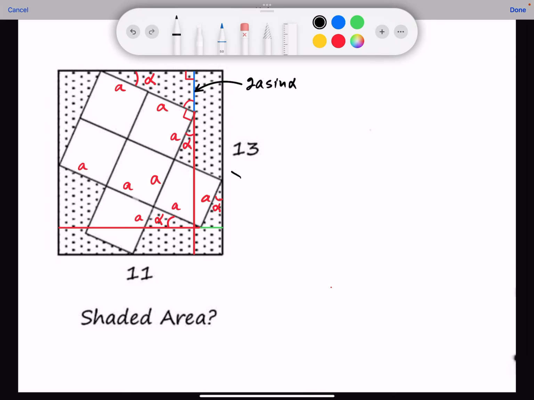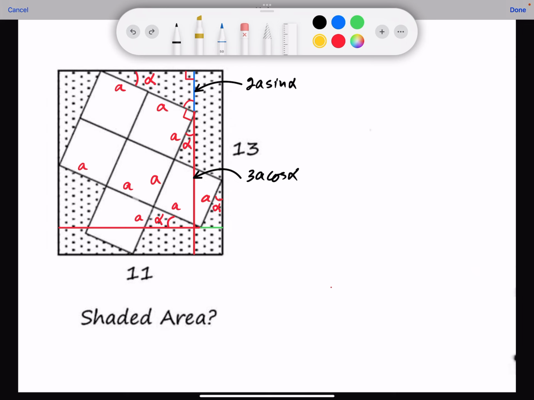Now, how about the red line segment? The red line segment is nothing but 3A cosine alpha, which is basically this line segment, but projected vertically or horizontally with an angle equal to alpha.